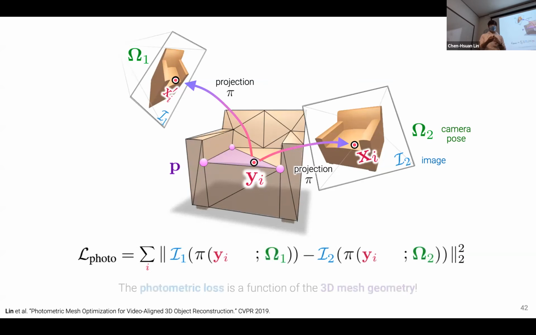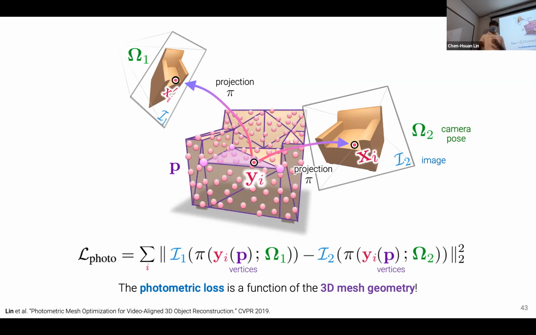We can expand this equation to rewrite it as a function of the 3D point, which is in turn a function of the mesh vertices. So we can use the photometric loss function to refine the mesh vertices P, so that P can be deformed and better aligned. If we do this for all the 3D points sampled on the meshes, we can deform the entire 3D shape, because we are moving around all the triangles on the 3D shape.